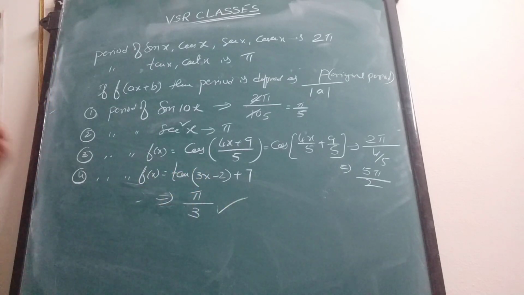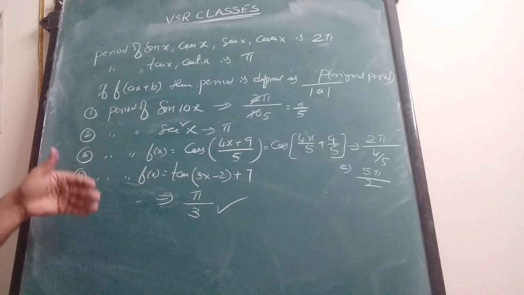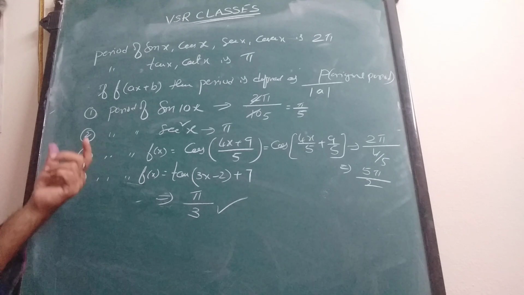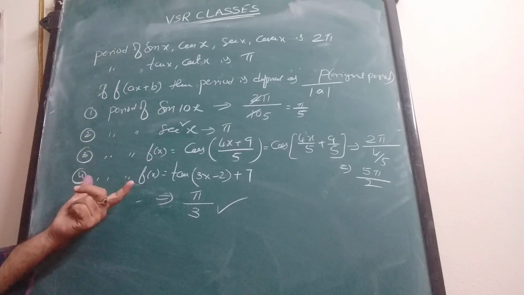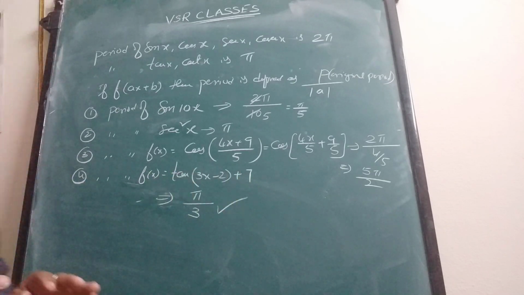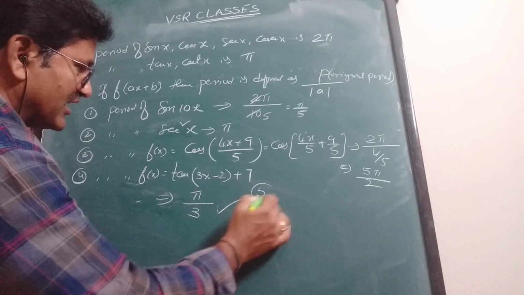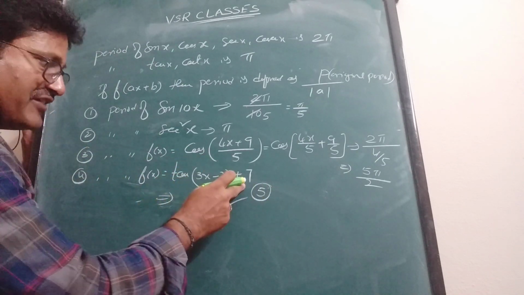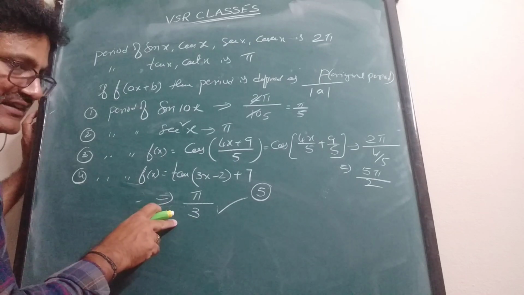Now what do you understand by this? The period of the function depends on the angle but not on the constant beside it. This 7 is not involved in the period.